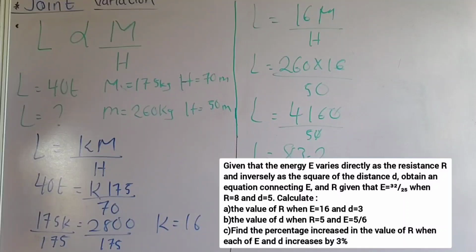Calculate the value of D when R equals 5 and E equals 5 over 6. And the third question under that: find the percentage increase in the value of R when each of E and D increases by 3%. That's the question.